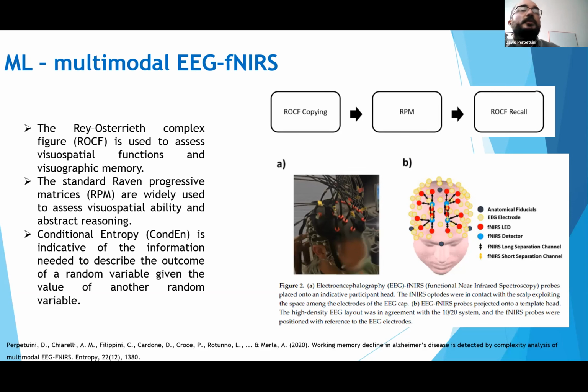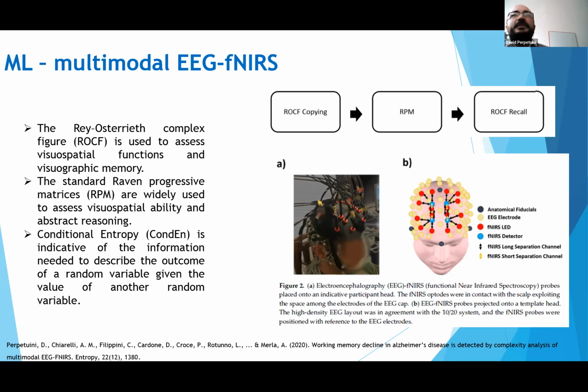Moreover, the employment of the two techniques together can deliver information on the neurovascular coupling, which could be compromised in Alzheimer's disease patients. So we used this multimodal approach during the execution of two tests. That is the Rey-Osterrieth complex figure, which is divided into two phases.